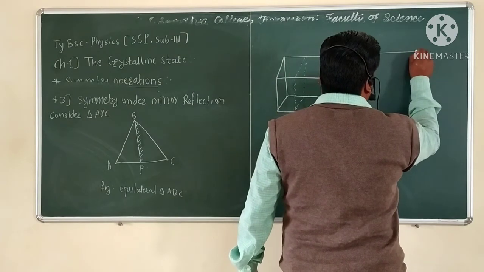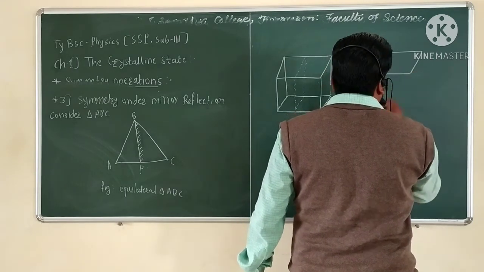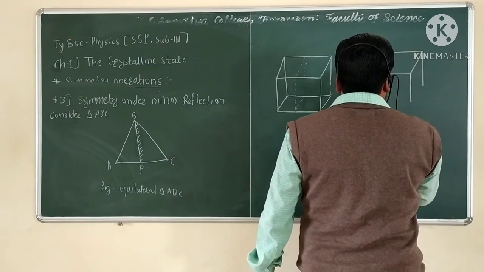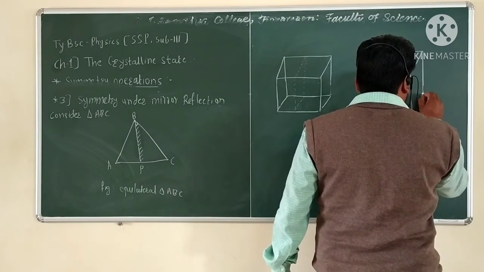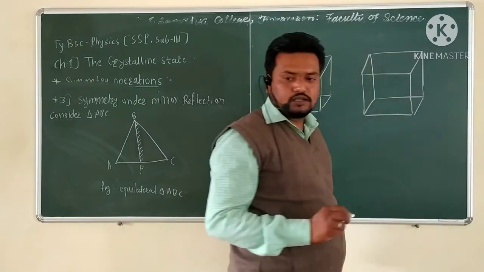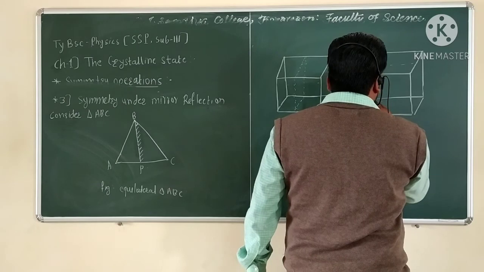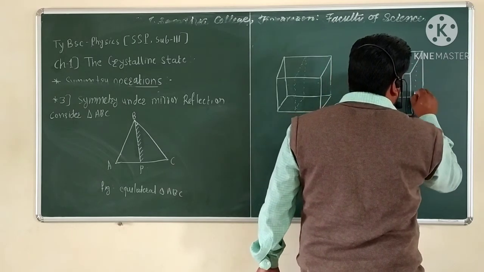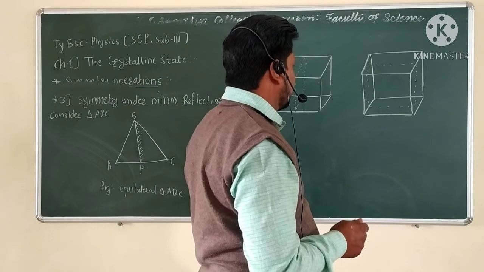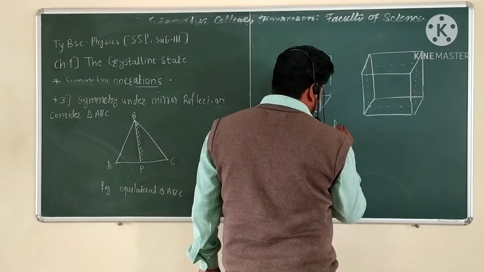Or for example consider this cube in this way, and if we want to cut it in this type of position at the center, again the same cube is cut in two ways, so that is known as the plane of symmetry in the rotational symmetry.